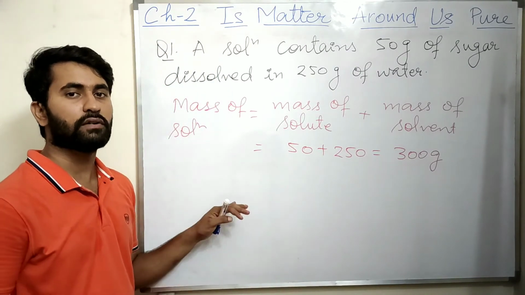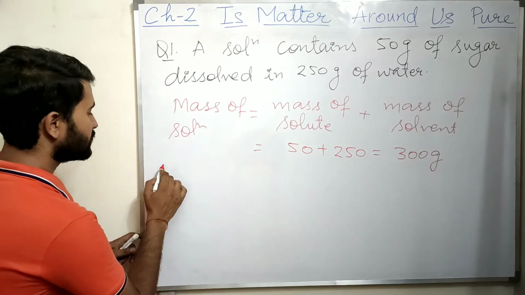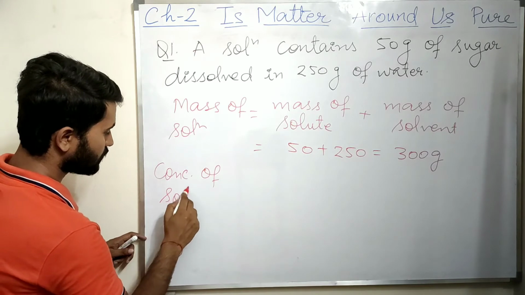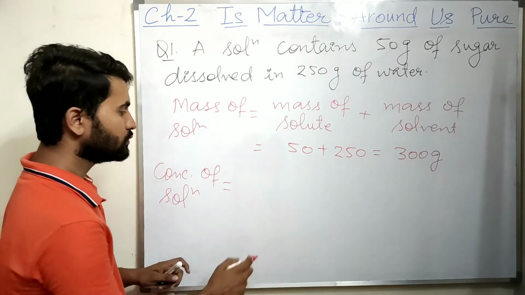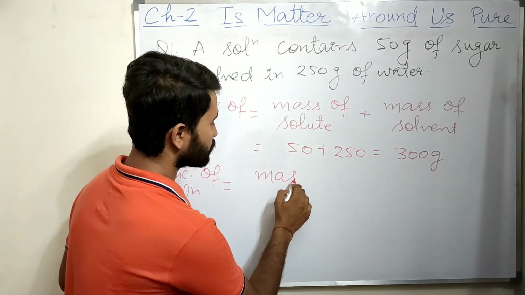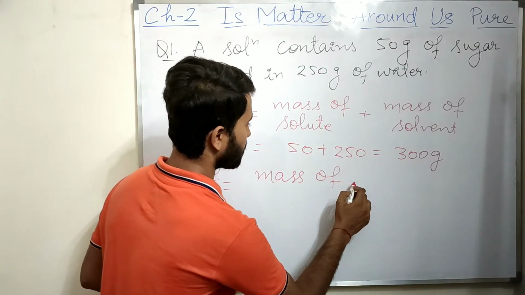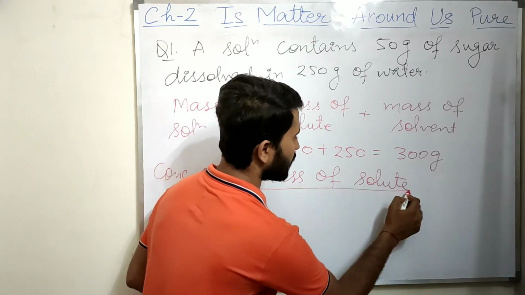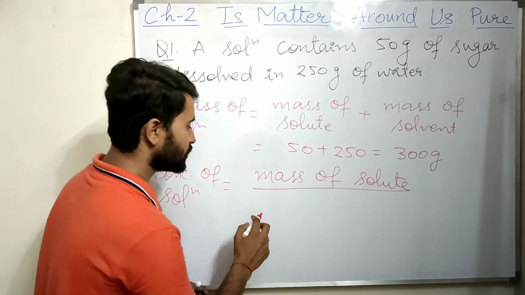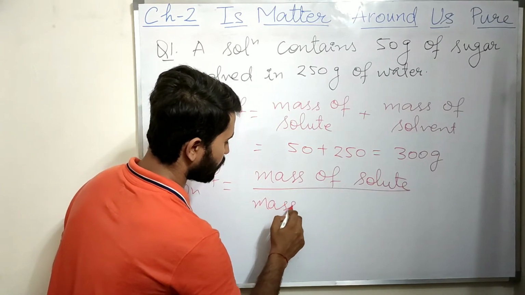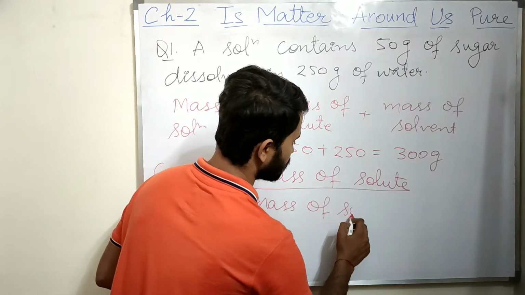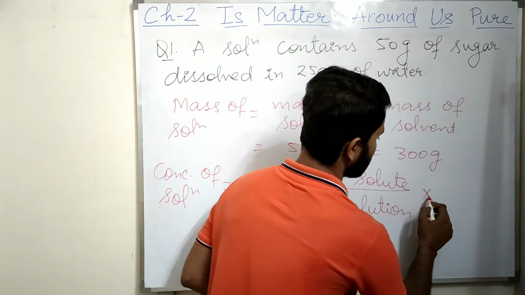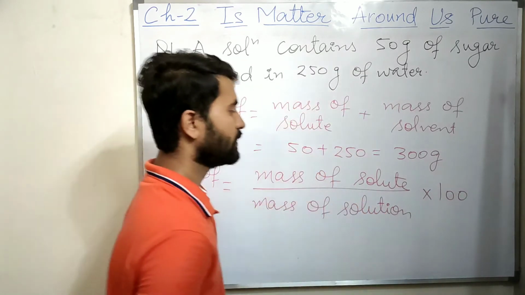Now we will use the formula concentration of solution is equals to mass of solute upon mass of solution multiplied with 100.